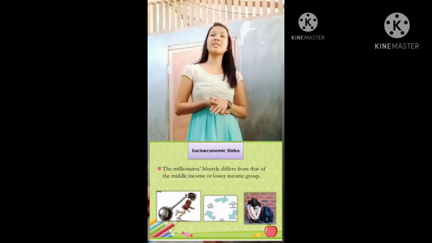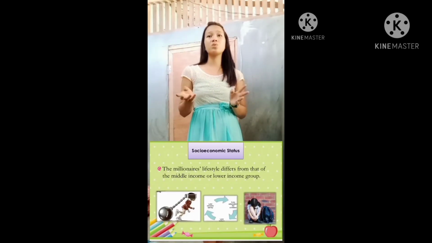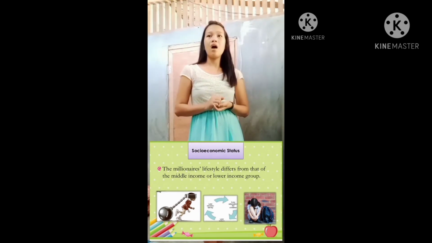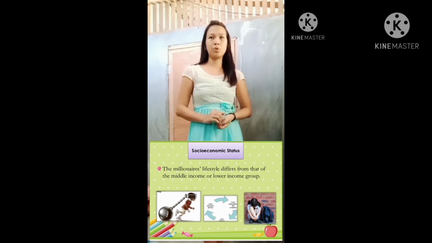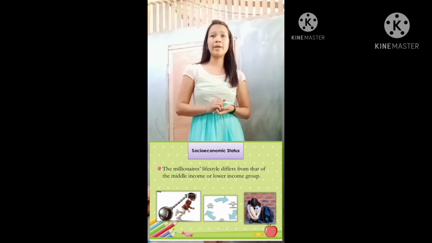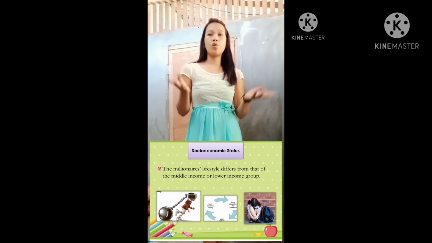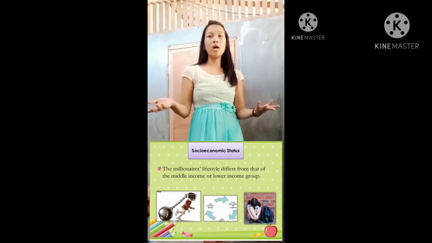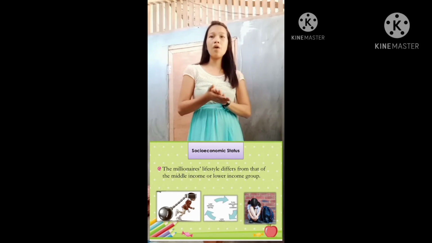Socioeconomic status depends on how individuals differ in lifestyle from that of the middle income or the lower income group. It also depends on a combination of variables including occupation, education, income, wealth, and place of residence.